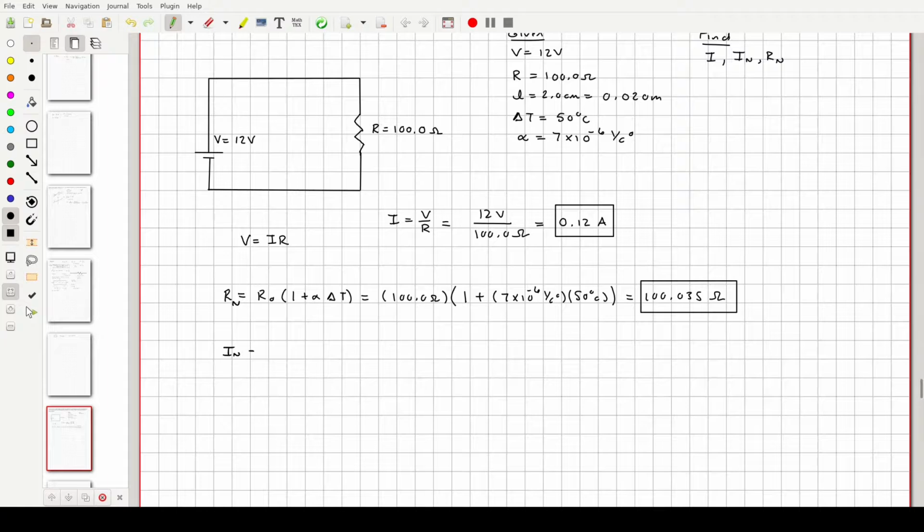What's my new current? Well, following this, it's going to be V over R sub n, which would be 12 volts divided by 100.035 ohms.